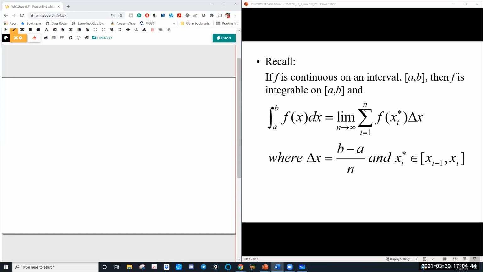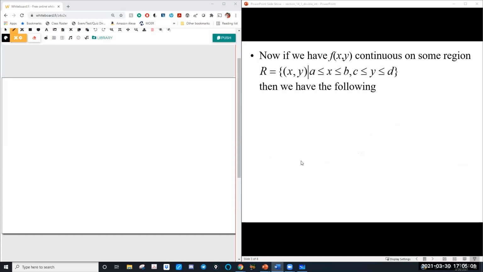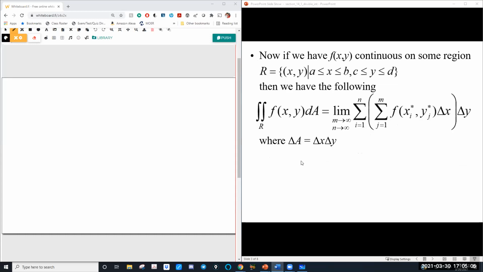Obviously, once that becomes infinite, our intervals become infinitely small, and that's what allows us to continuously calculate that value of the function. Same basic idea in multivariable, but as you can see, the Riemann sum's a little messier because now we have Riemann sums in two directions, one in the X direction and one in the Y direction.